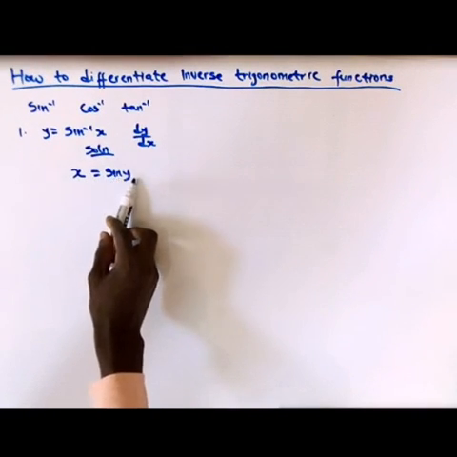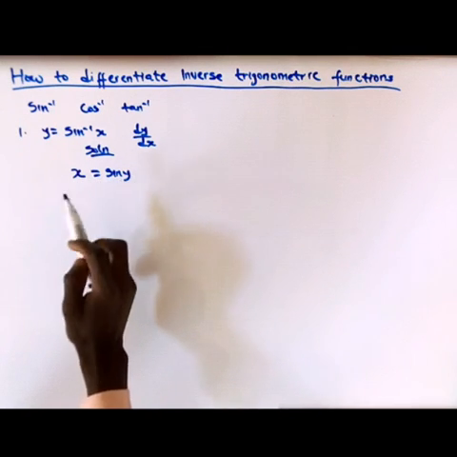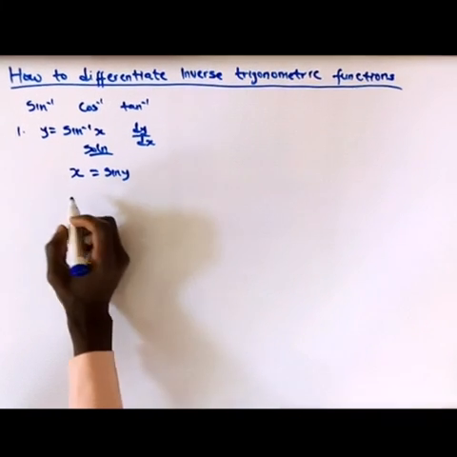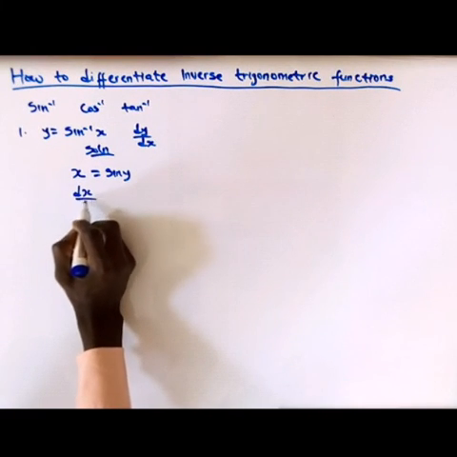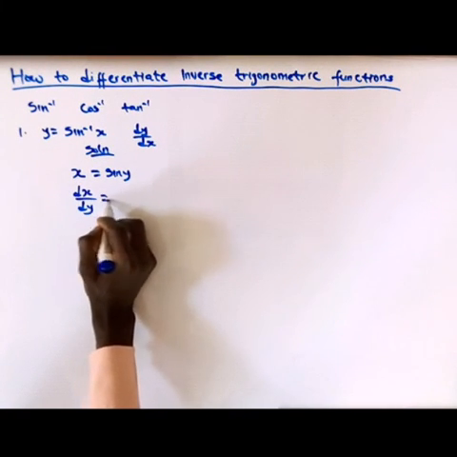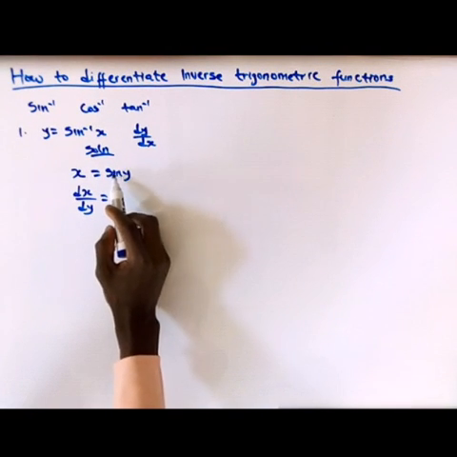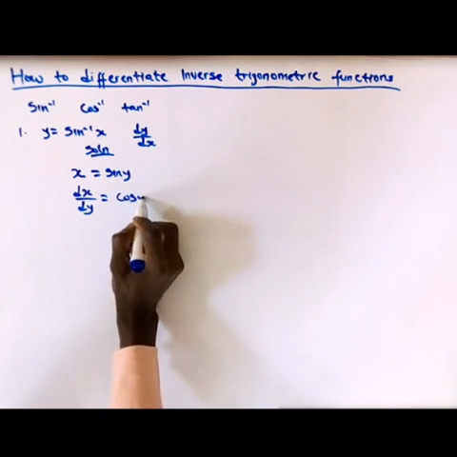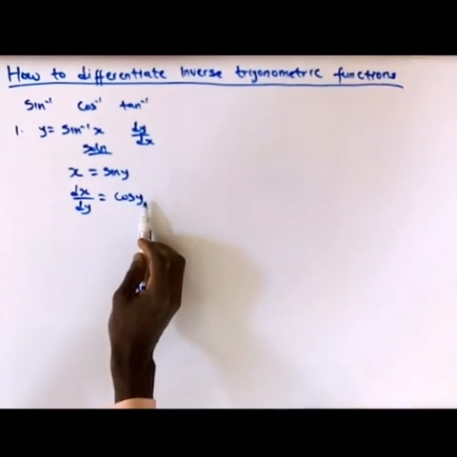That is, you are differentiating sine y with respect to what? To y. So differentiating s with respect to y, ds/dy will give us, if you differentiate sine, it will give you cos. So sine y will give us cos y. So our ds/dy is equal to cos y.